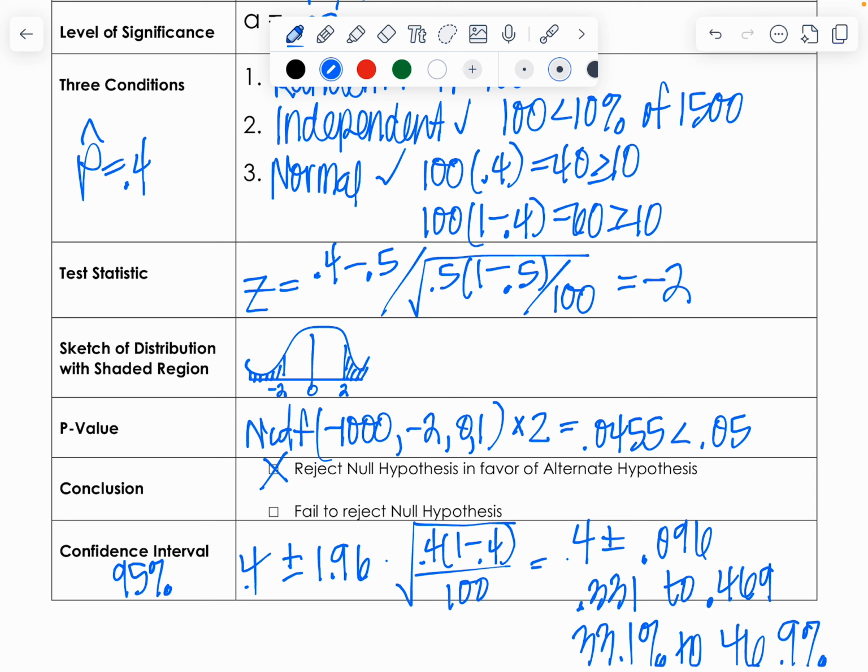All right, and because this does not equal 0.5, right, 0.5 or 50% is not in that interval, that further proves that we should have rejected the null in favor of the alternative. Now, it even more emphasizes that not only is it not equal to 0.5 or 50%, but it's less because our entire confidence interval is lower than 50%. All right, so that's why we do these hand in hand.